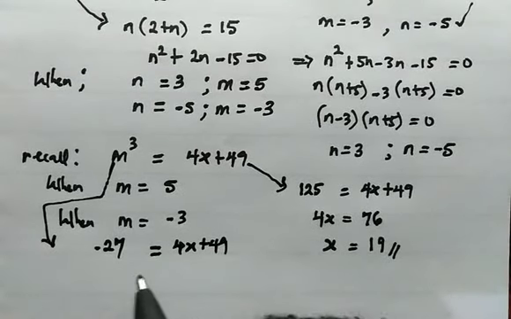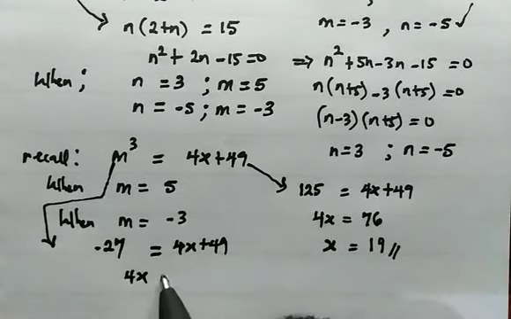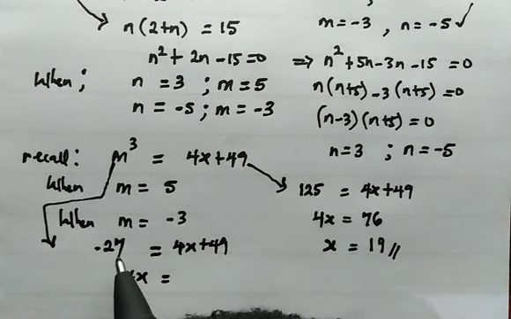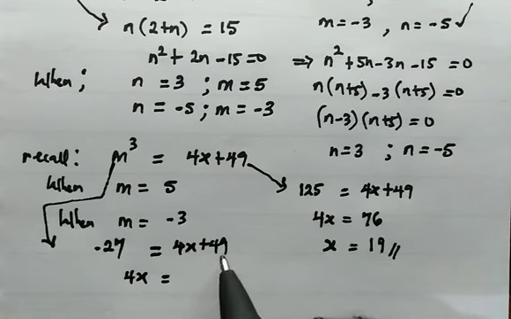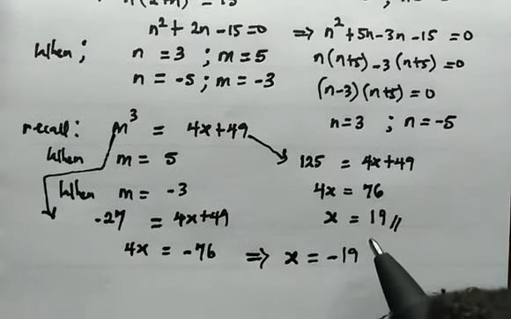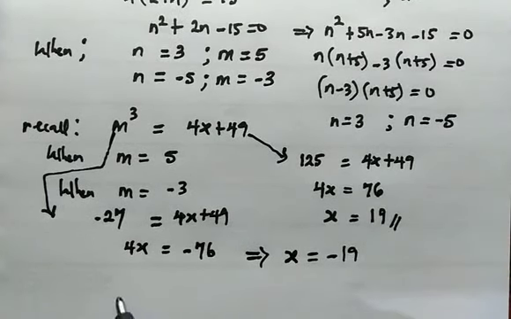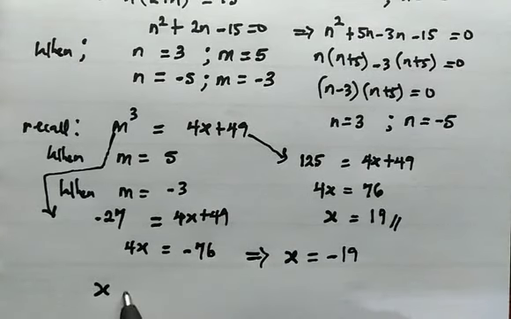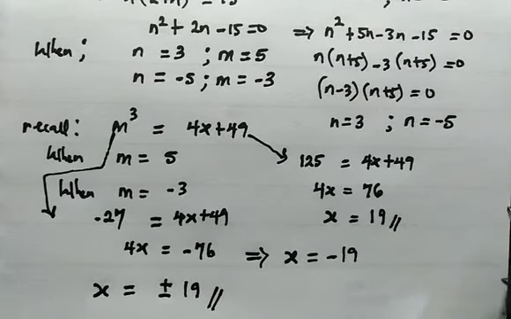So from here, 4x will be equal to negative 27 minus 49, and that will give us negative 76. So from here, if we divide both sides by 4, we get x is equal to negative 19. And here we find the solutions that in the above equation, x is equal to plus or minus 19. And this is the right answer.